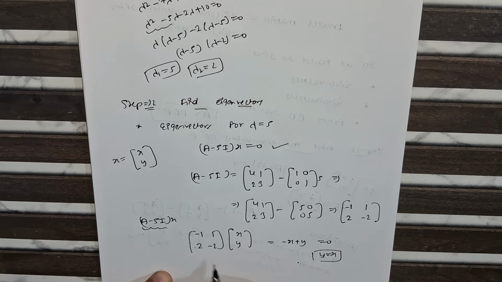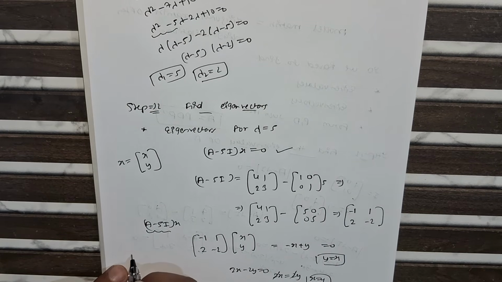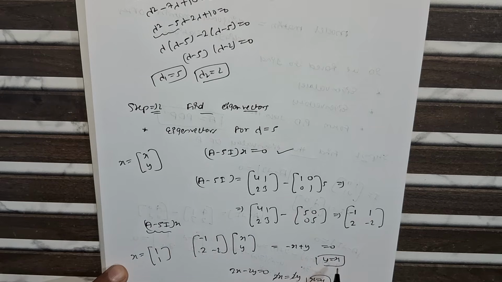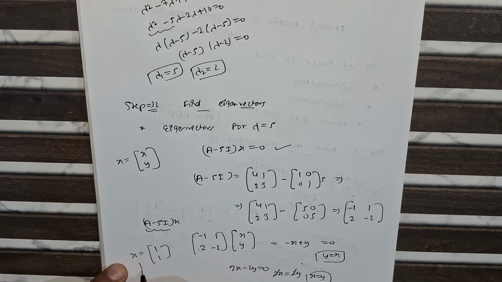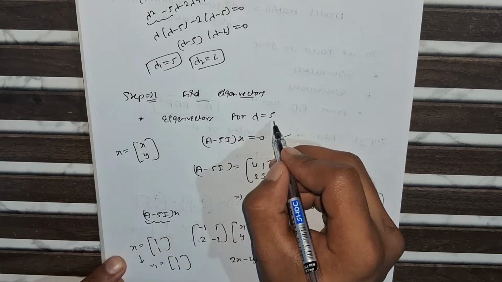Now taking the next equation, 2x minus 2y equals 0. So 2x equals 2y, this 2 cancels out, x equals y. So we can say that our eigenvector X equals [1, 1], because x and y are equal. So this is nothing but the v1 vector, which is the eigenvector [1, 1]. This is the eigenvector for lambda 1, which equals 5.